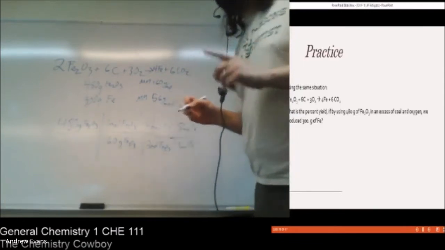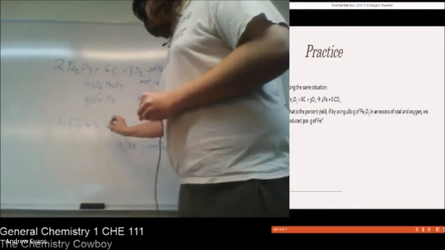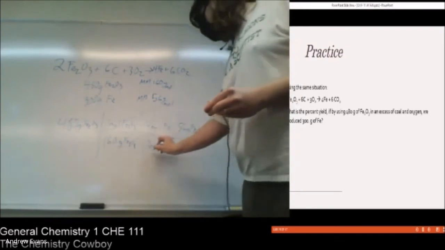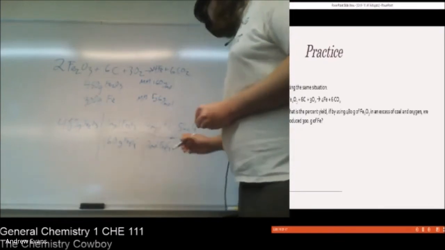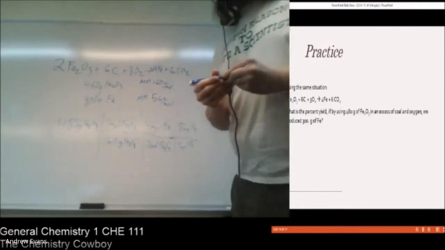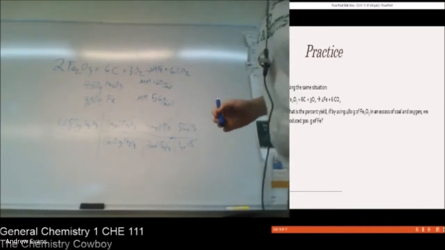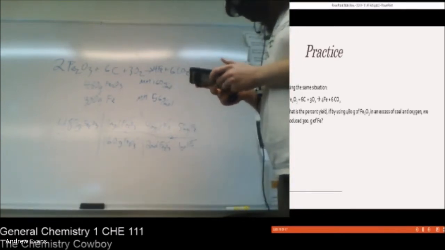So I've set this up, cross hatch. So grams of iron oxide, grams of iron oxide. Moles of iron oxide, moles of iron oxide. Moles of iron, moles of iron. So we're getting the calculated grams of iron. Doing that real quick.